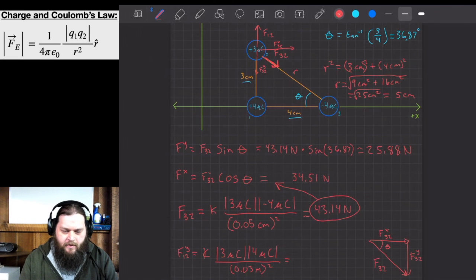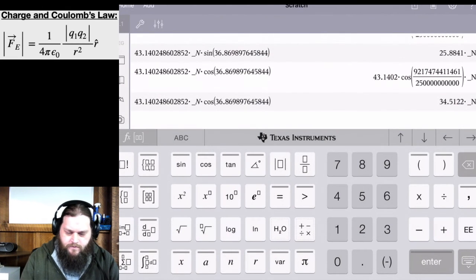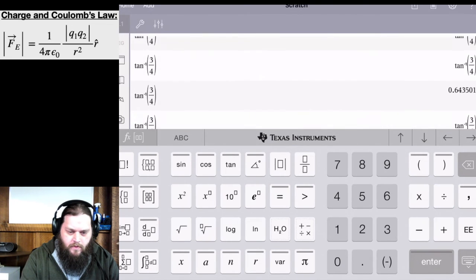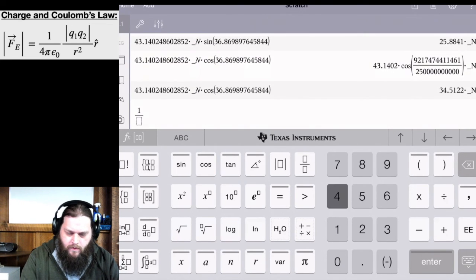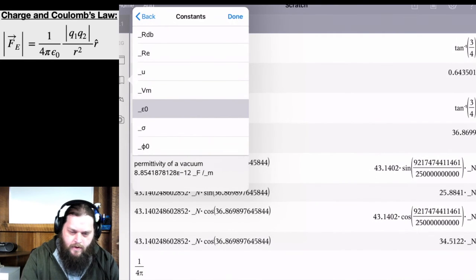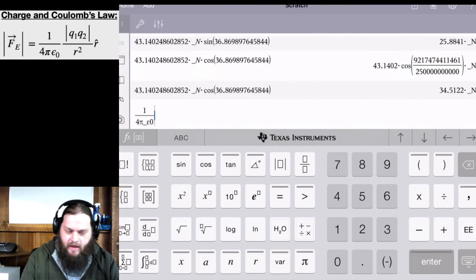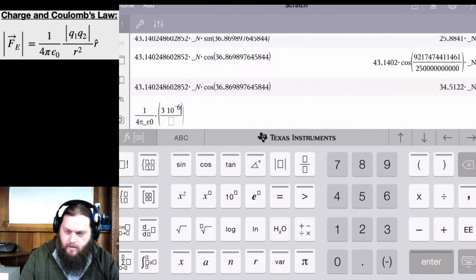Switching over to our calculator, we're going to do 1/4 pi epsilon naught, so that's our K value again, times 3 times 10 to the negative 6 coulombs times 4 times 10 to the negative 6 coulombs, divided by the distance.